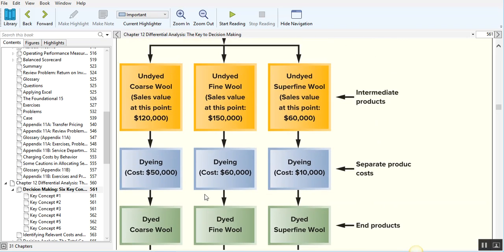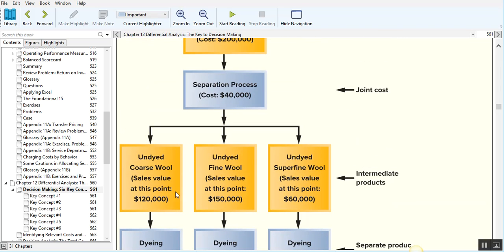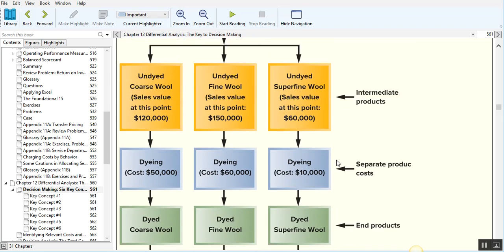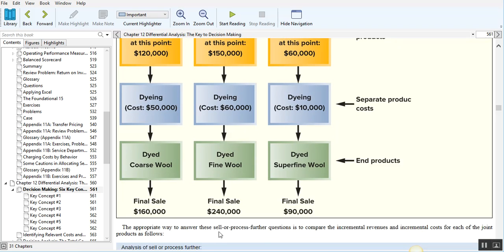By the way, when we're looking at these costs that are joint costs, we're going to allocate joint costs based on the final sales value of the products. So if we have this sales value here, or well, anyway, it looks like it would be sales value here.